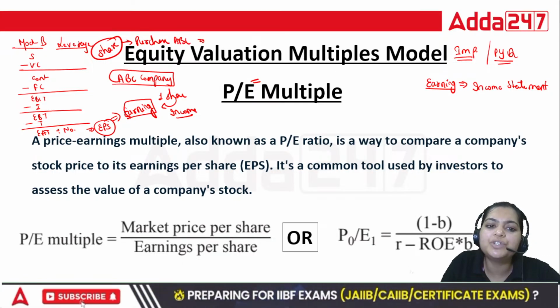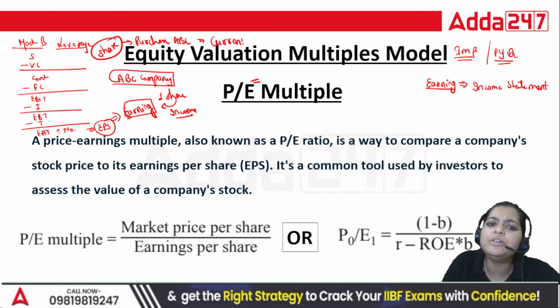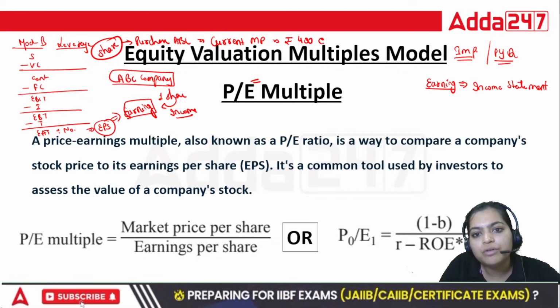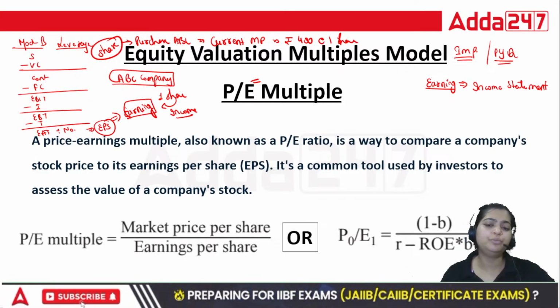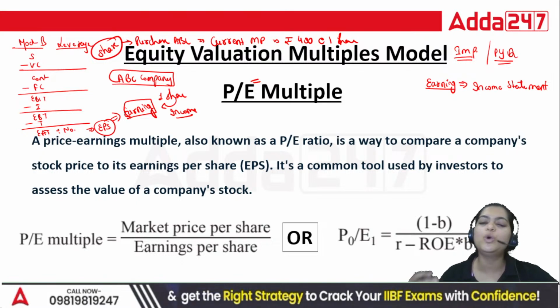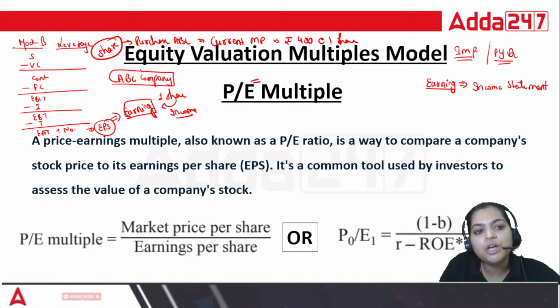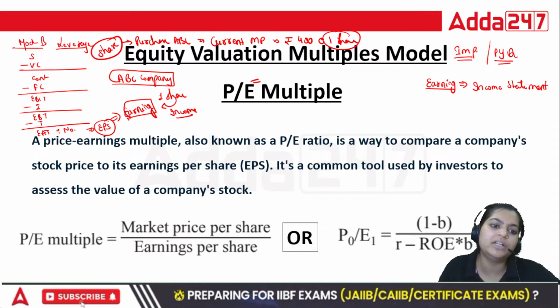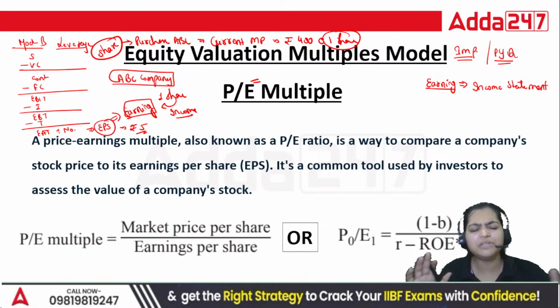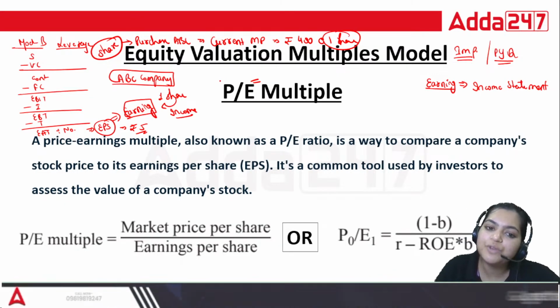Let's say the current market price of the share is rupees 400 for one share. Means if I want to purchase one share of this ABC company, I need to give 400. And based on this share, I am going to earn, let's say, rupees 5. Correct? I'm just giving you an example. So that is price.